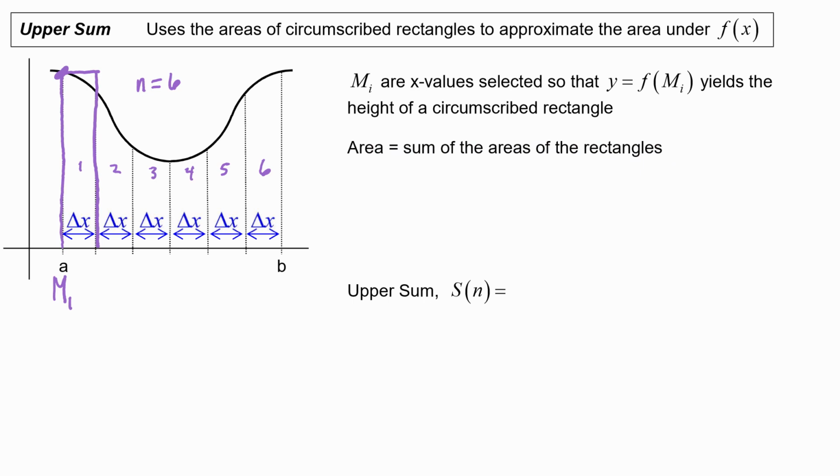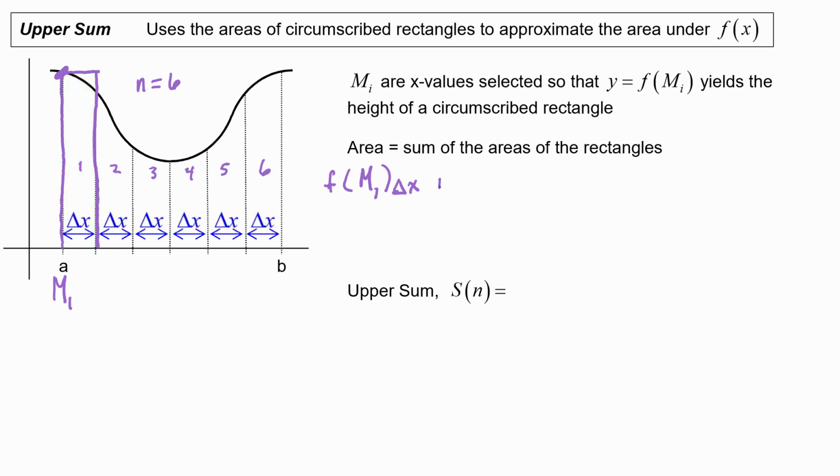So the area of rectangle 1 is going to be f of capital M1 times delta x. And once again, that's just the base of the rectangle, delta x, times the height of the rectangle, f of capital M1.